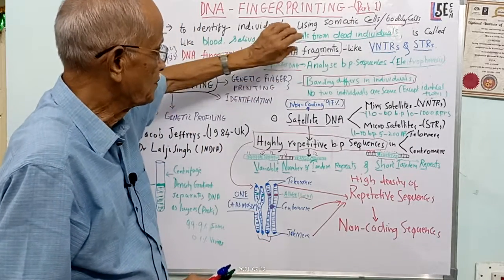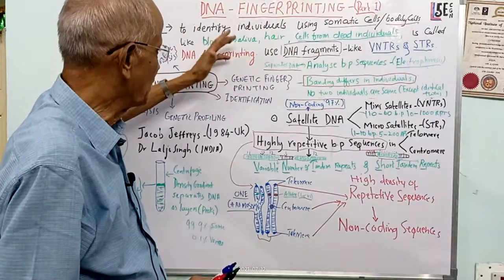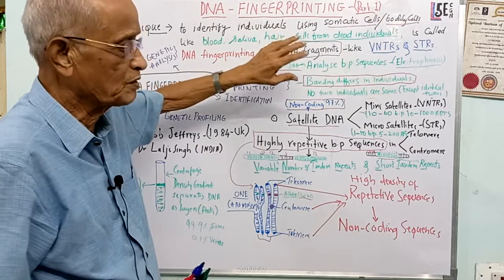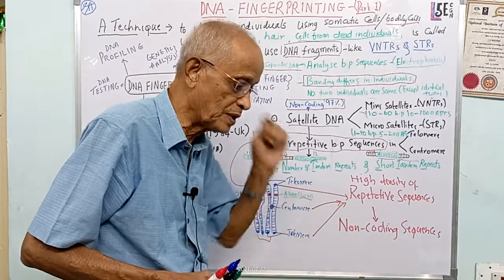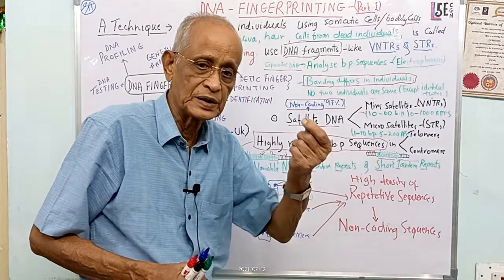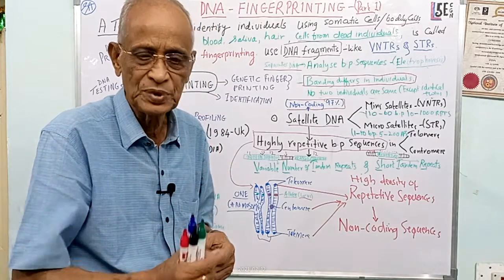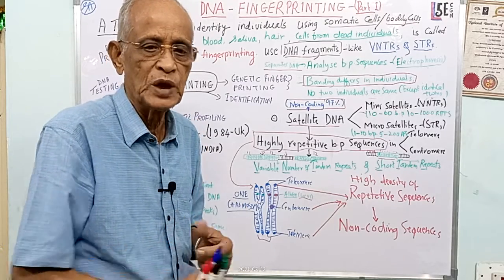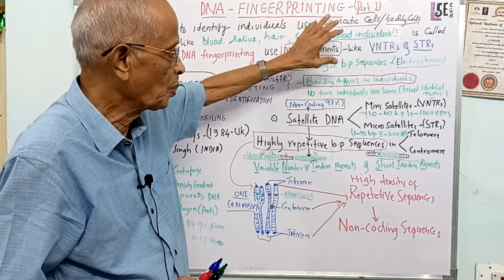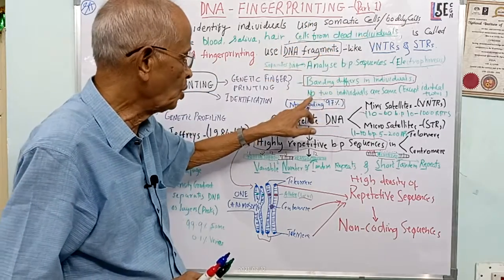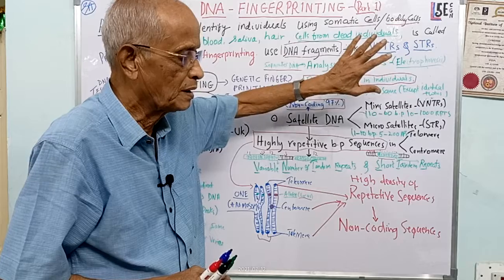They use fragments of DNA, taking the DNA from blood, saliva, hair, or even from the tissues of a dead person, or even some area where sweat has fallen. A little is enough, and they do 5 or 6 steps, and within 6 to 7 steps they will be able to get the DNA bands, and these bands will show the differences. No two individuals have the same banding type.